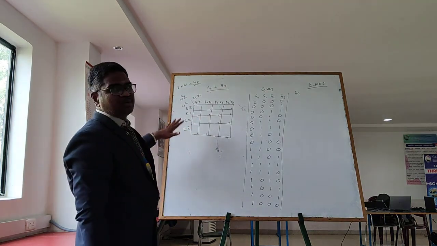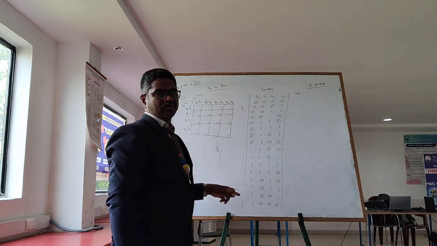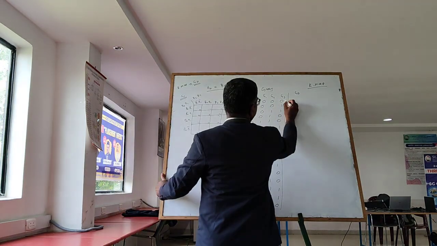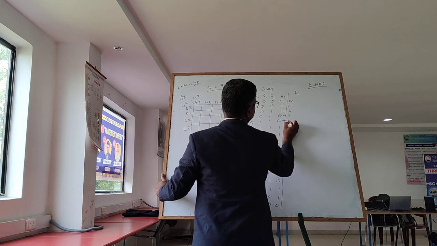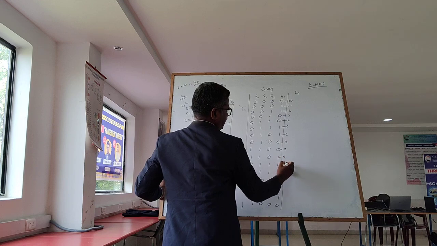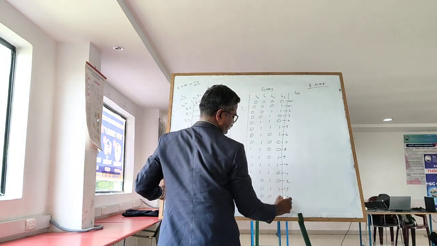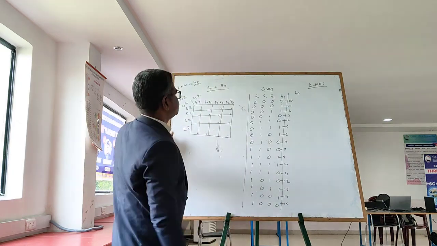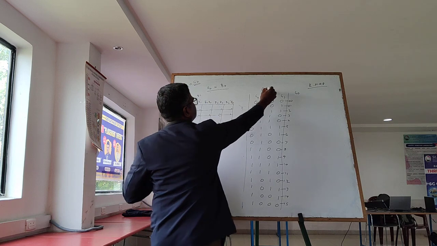Now I have to fill in the numbers where 1 is present in the particular value. So this output is for 0, this for 1, 2, 3, 4, 5, 6, 7, 8, 9, 10, 11, 12, 13, 14 and 15. Where 1 is present, I am going for G1.